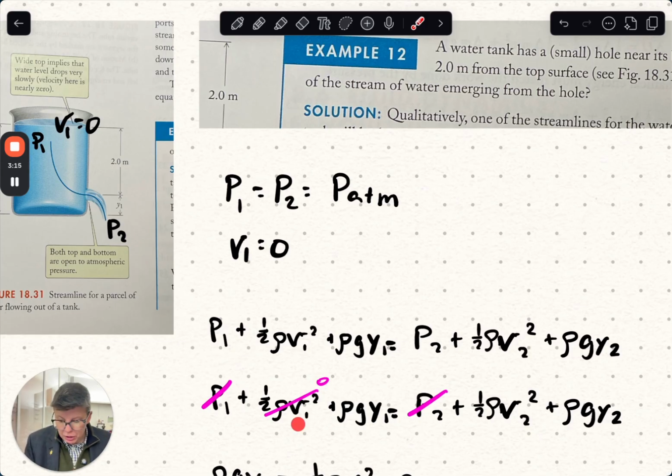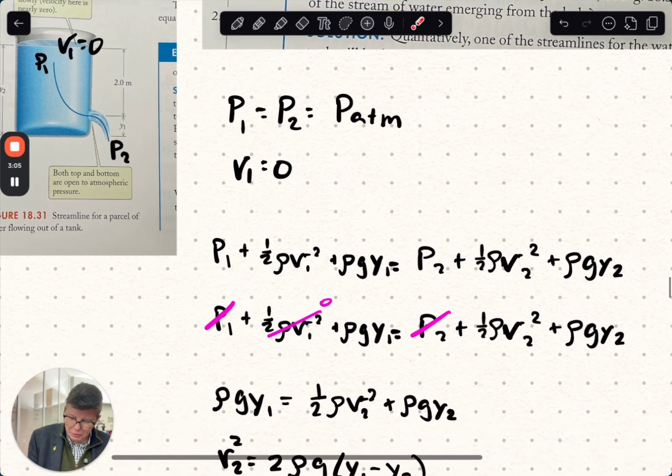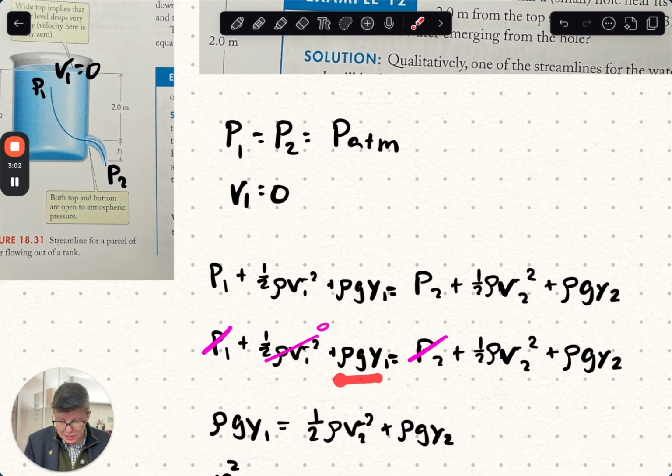We know that the velocity at the top of the tank is close enough to zero, negligible velocity. Let's take that term out. Boom, whole term goes away. All right, now simplifying and rewriting, I've got density, gravitational field strength, height 1, equals the kinetic term plus the gravitational term from Bernoulli's equation.